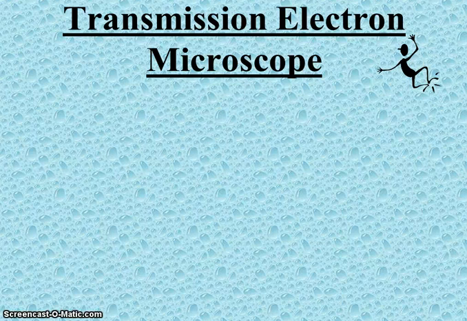Okay, now we do have two types of electron microscopes. We have a transmission electron microscope and a scanning electron microscope. Now compound light microscopes use light to view the objects. Electron microscopes use electrons.